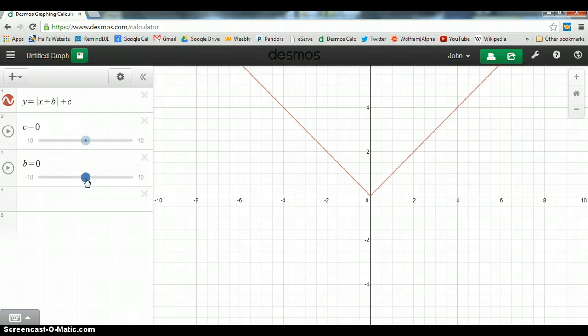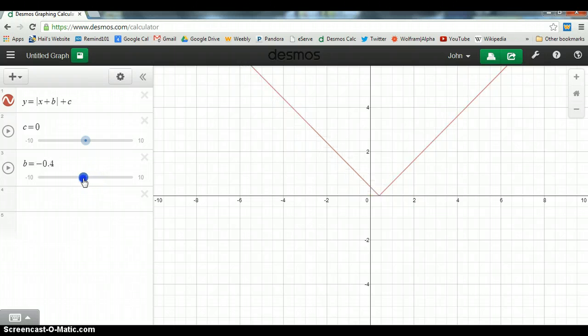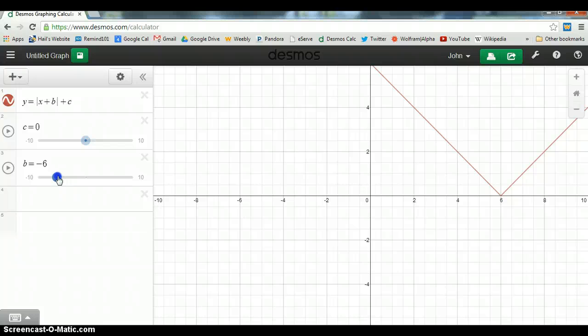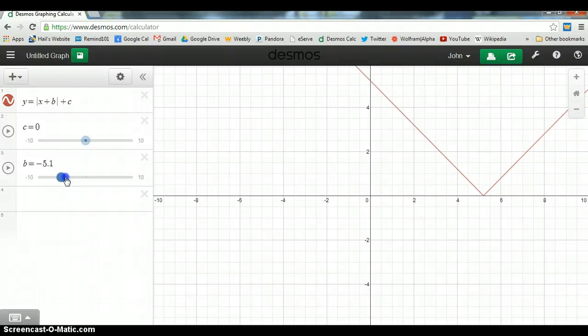This is b equals 0 currently, so I don't have any change in here. But watch what happens. When I move this left, the graph actually moves right. So when I'm at -6, in other words, this is the graph y equals the absolute value of x minus 6, it's shifted the graph to the right.